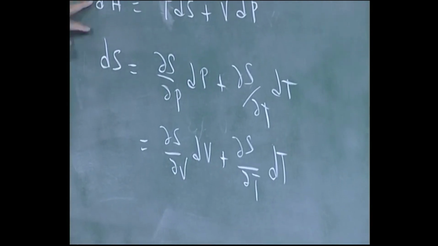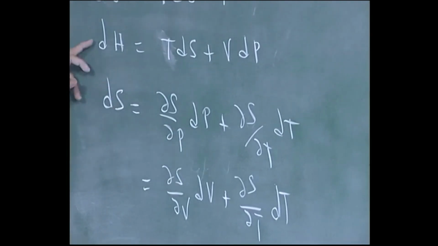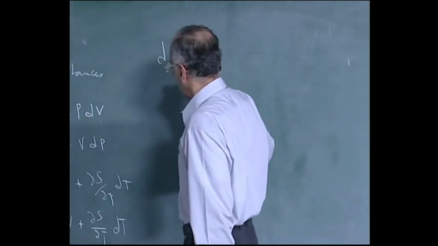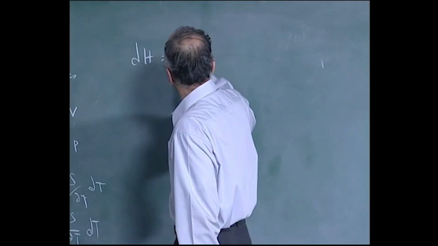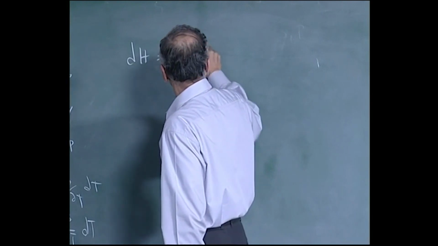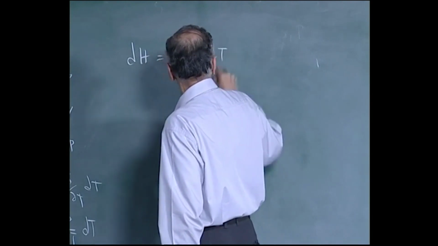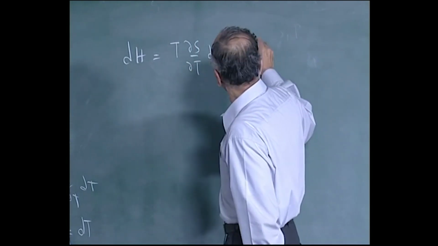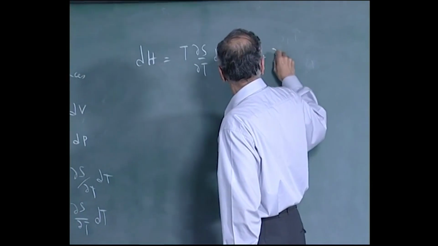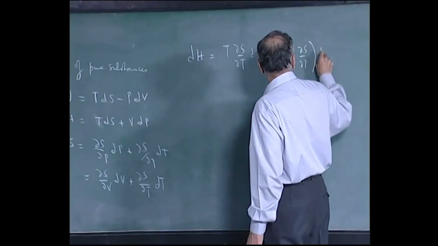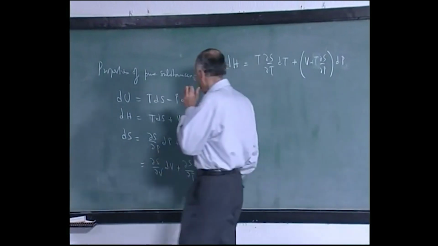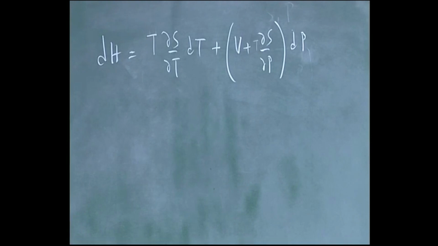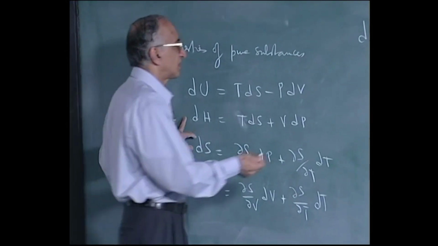If you look at the enthalpy, since P is already chosen as a variable, the expression for the change in enthalpy is simply T partial of s with respect to T dT plus... then we have to introduce some variables which you are already familiar with.